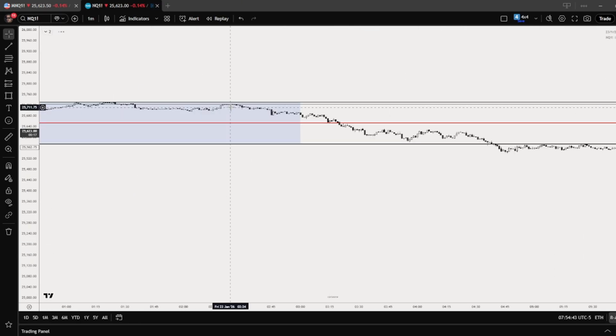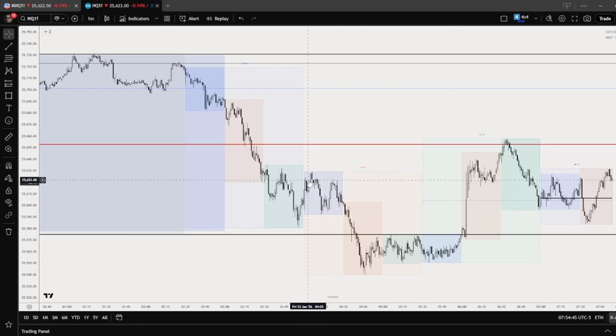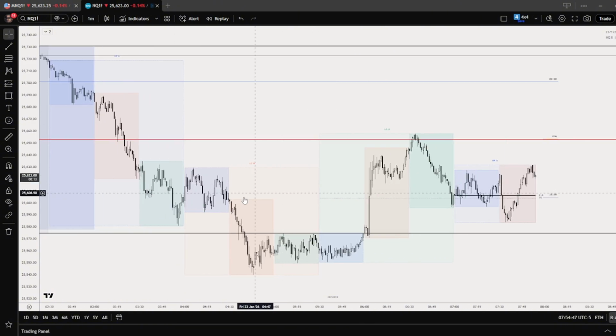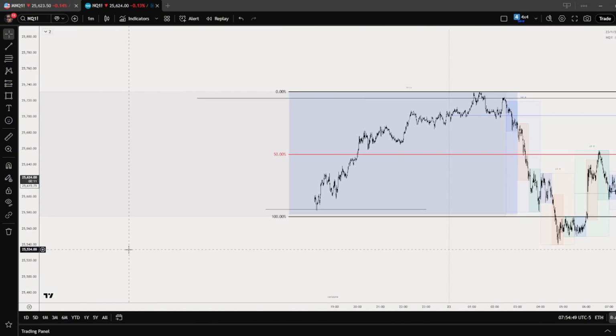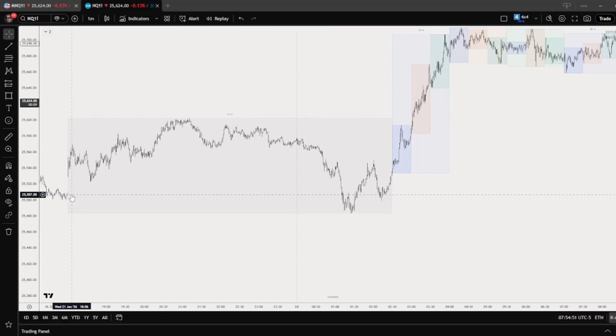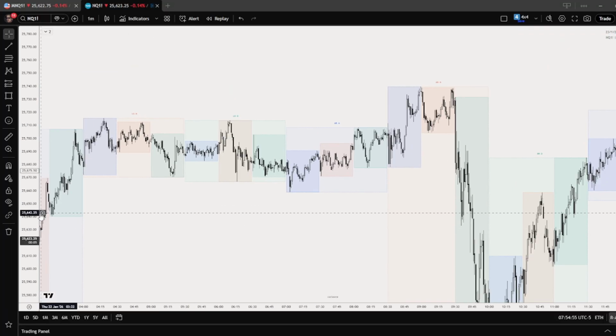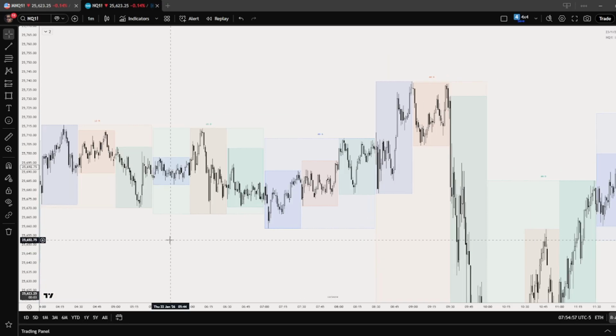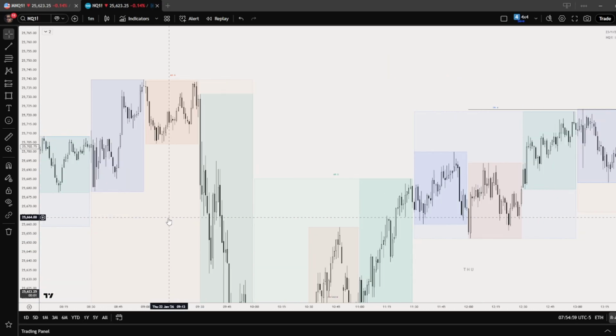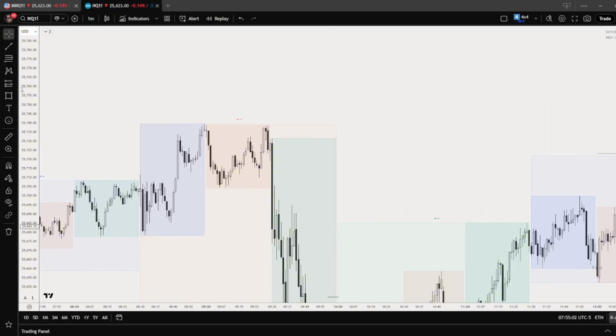Let's go now to the 1 minute chart. So on the lower time frame chart, we can find different PDRs because of the time factor. For example, 9:30 open.